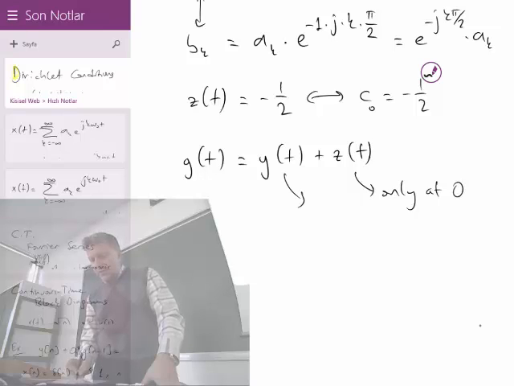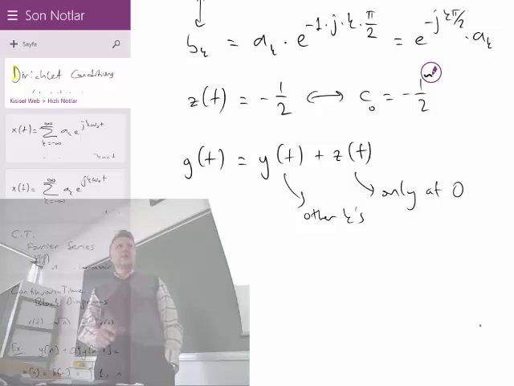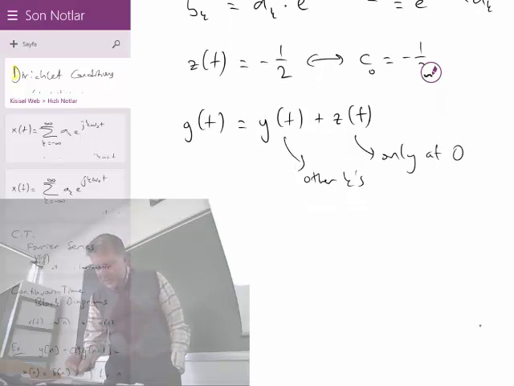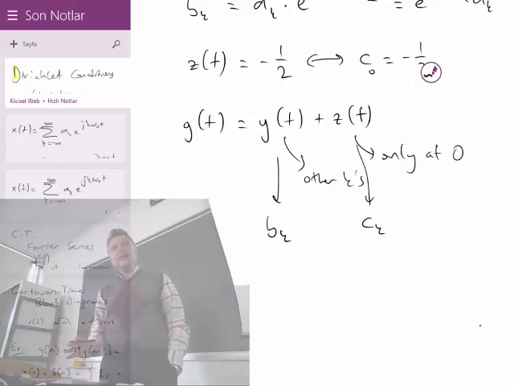And these are already found for the other case. Well, for k equal to 0, it was 1 over 2 anyway. So the Fourier series coefficients of these are b_k's, and the Fourier series coefficients of these are c_k's. You need to add them up.